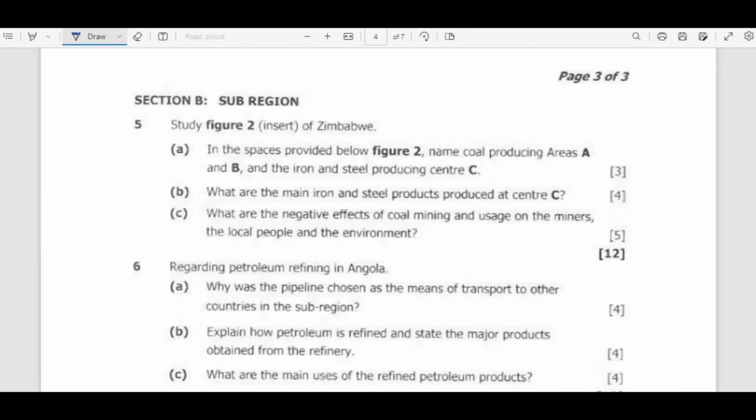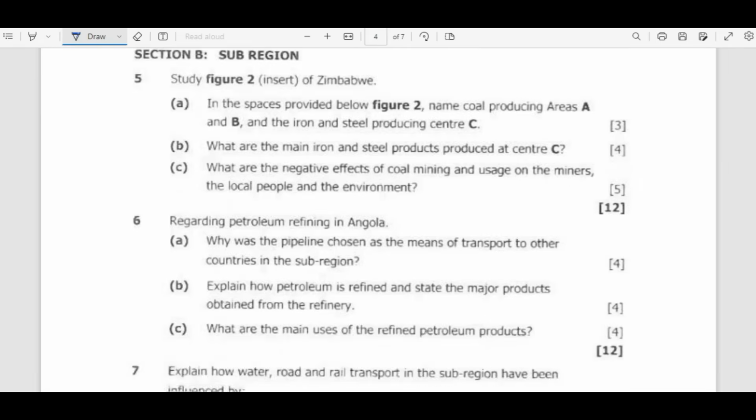Okay, let us move to section B. When we look at section B, we are looking at Zimbabwe. So this is the sub-region. In the space provided below, name coal-producing areas A and B and iron and steel producing center C. So let us look at the map.